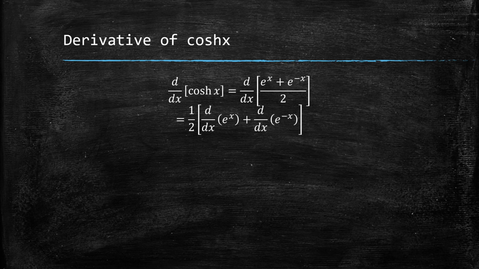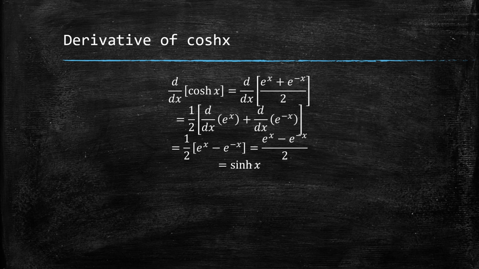That is the same as 1/2 the sum of the derivatives of e to the x and e to the negative x, which is equal to 1/2 e to the x minus e to the negative x, which is the same as e to the x minus e to the negative x all divided by 2, and that equals the hyperbolic sine function.